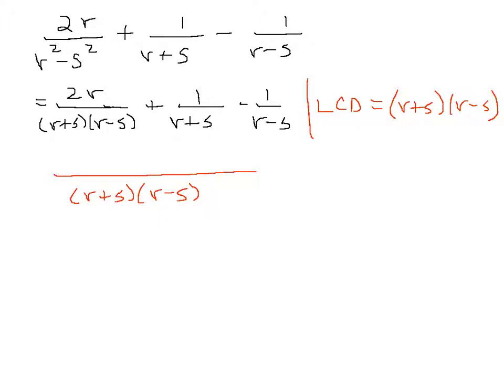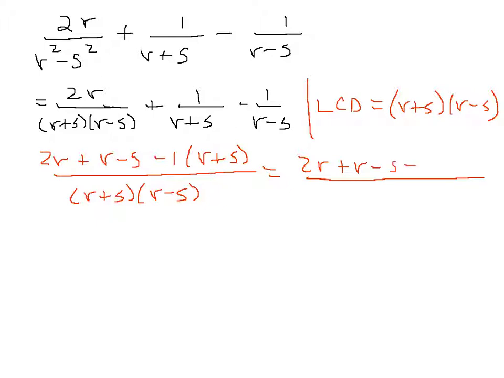So this 2r stays alone, and this 1 gets multiplied by r minus s, and this minus 1 gets multiplied by r plus s. And so what we get is 2r plus r minus s minus r minus s all over the bottom.